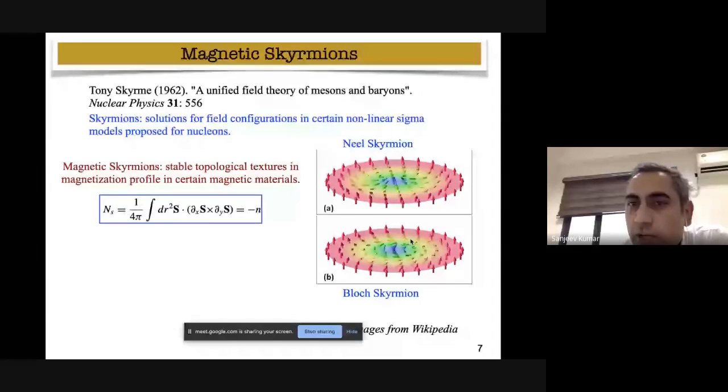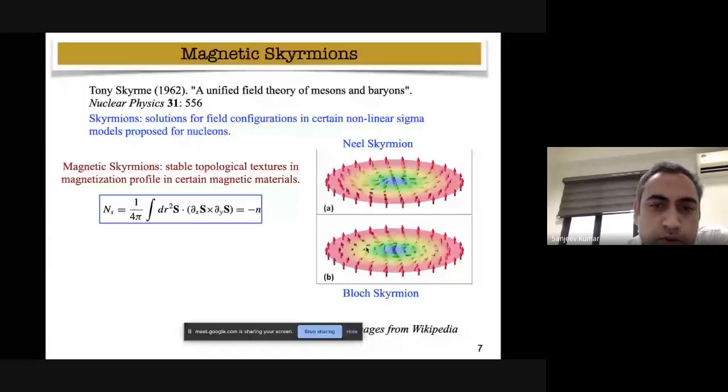So that's the key difference: in the Neel skyrmions, your spin modulation is such that the projection is always in the r cap direction, whereas in this case the in-plane projection is in the theta cap direction. These are also called chiral skyrmions because you can define two chiralities now. They can be rotating like this or like that. So even for Neel skyrmions, there can be two objects: one pointing in the plus r cap direction, or the other pointing along the minus r cap direction.